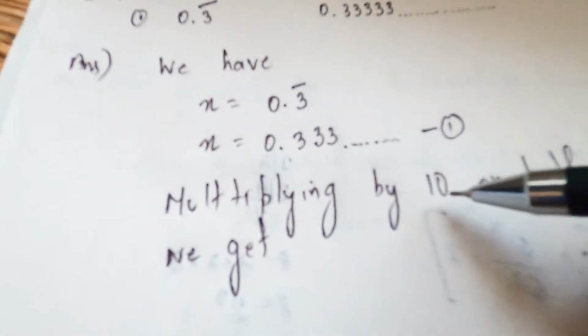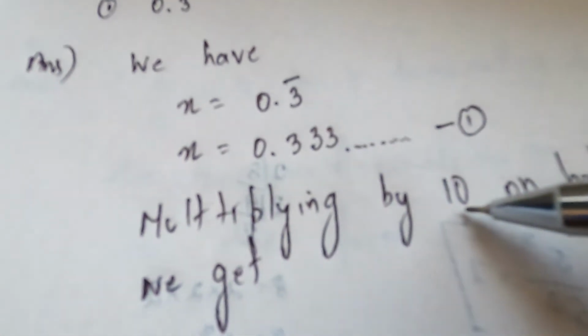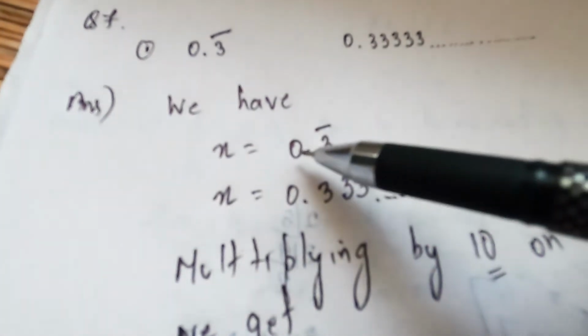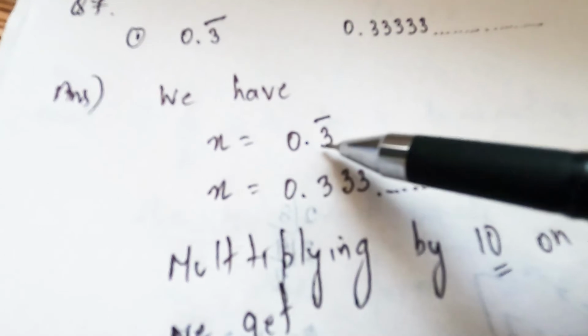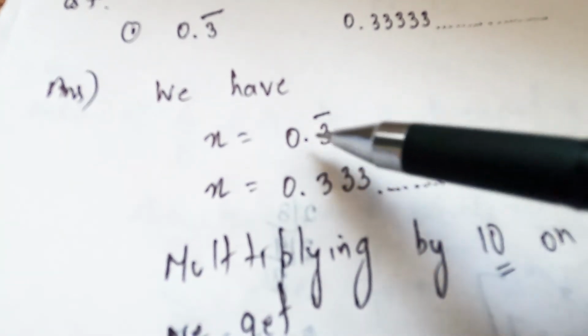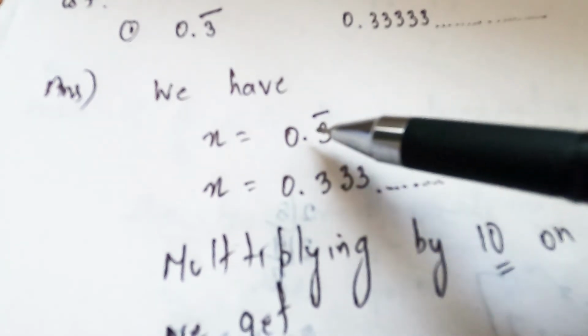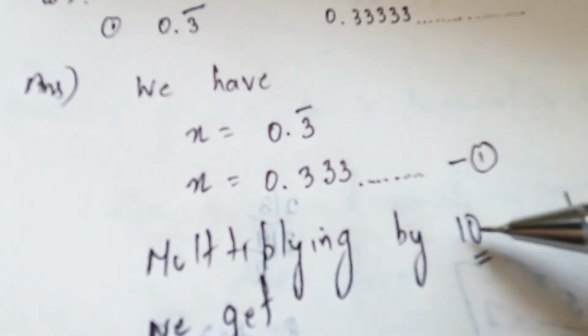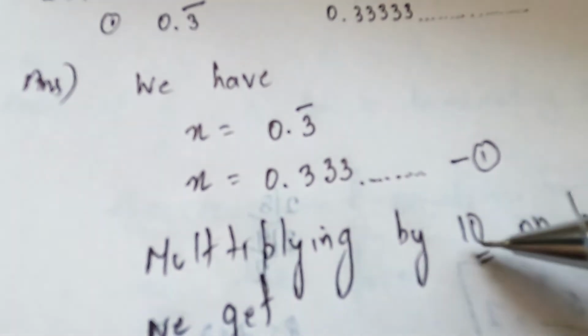Why do we have to multiply by 10? Because in this case behind the decimal point there is only 3. The only repeating number is 3, so it is a single digit, so there will only be one 0.